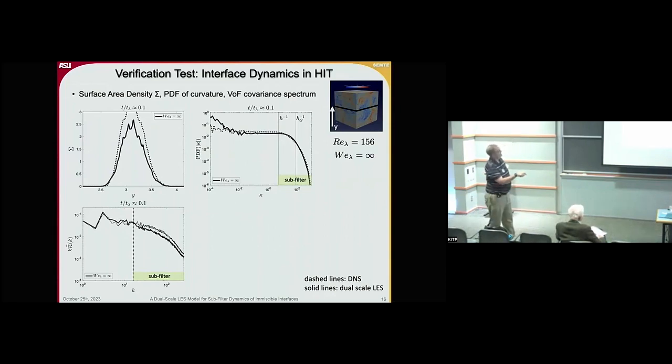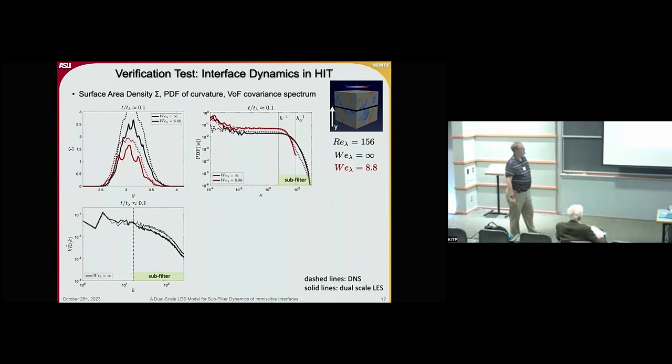Then the PDF of the absolute value of curvature, and the VOF covariance spectrum at the midplane. And the dashed lines are always the DNS, and the solid lines are the dual scale results. When you see the case for infinite Weber number, we get the curvature statistics quite well. We're under predicting the surface area density here, and the VOF covariance spectrum is not too bad either.